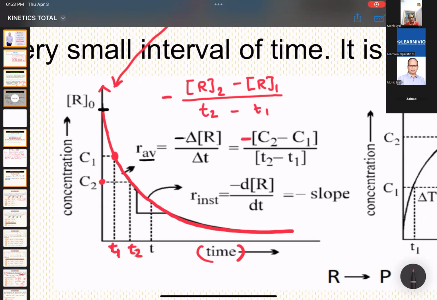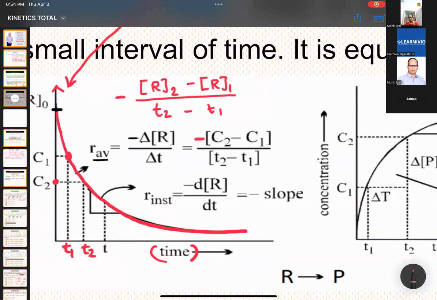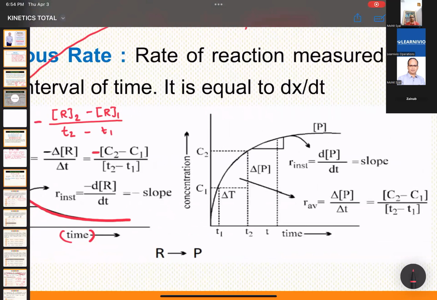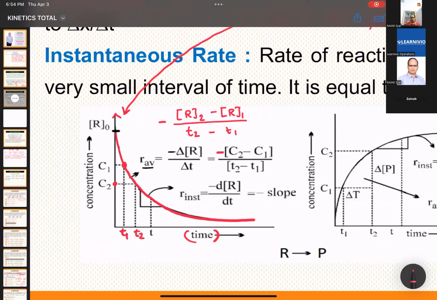That much you can remember, because reactants are decreasing. Got it? Great. And what about the product? For the average rate, you measure the change in concentration, final concentration minus initial concentration, divided by the time interval.